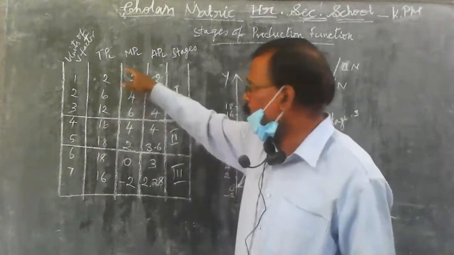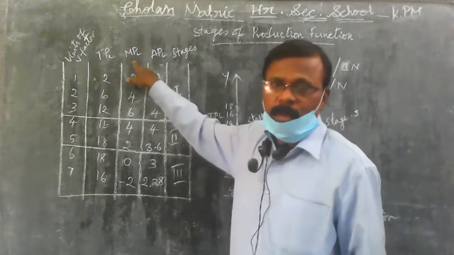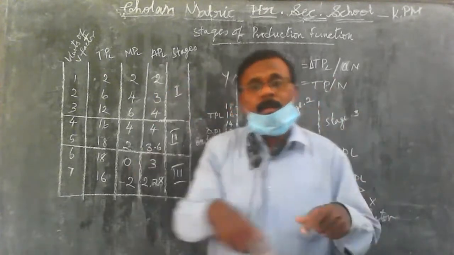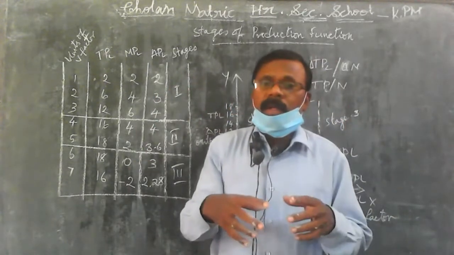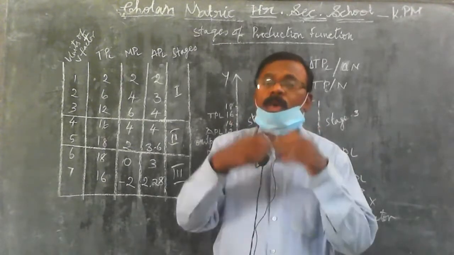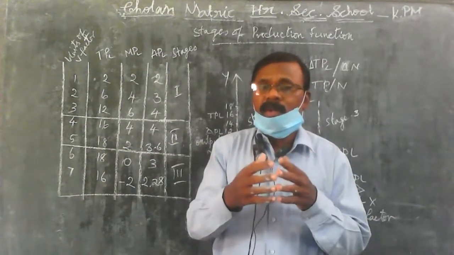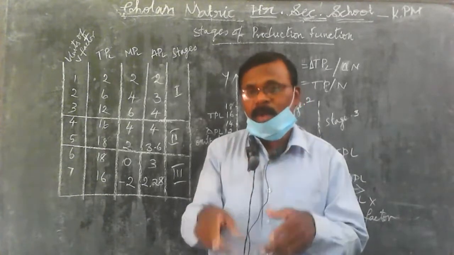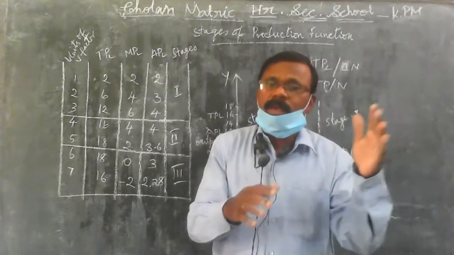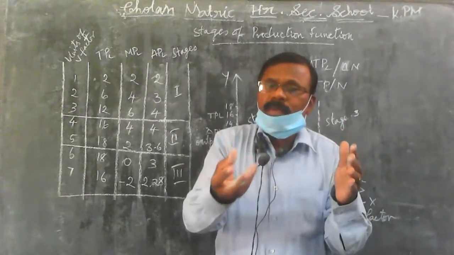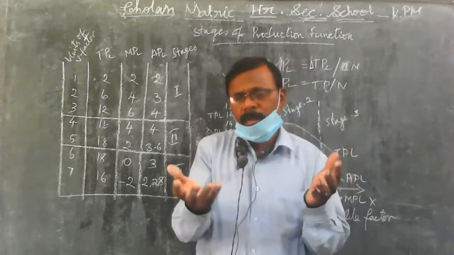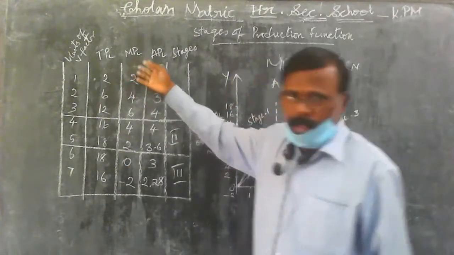That is called total product. And what is marginal product? It is the addition made to the total product when one more unit of a variable factor is employed. That is called MPL.